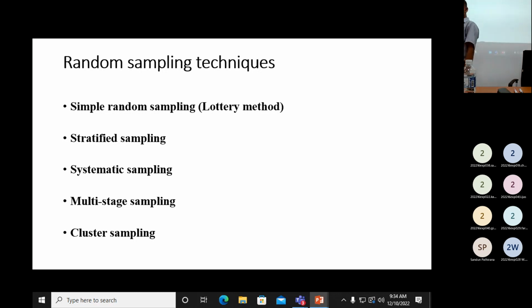Therefore, your entire population of 100 you divide into 10 parts. If you want to select 20 employees, 100 should be divided into 20 parts. Now here it is 10, therefore you divide your employees into 10 parts. Part 1, part 2, part 3, like that we divide all these, and then the last one, part 10.